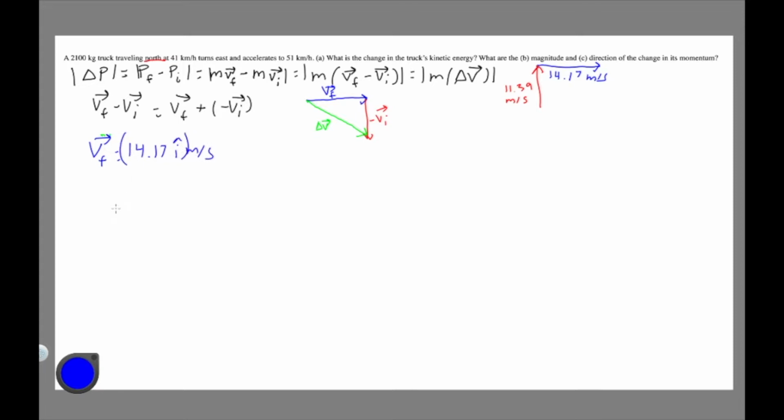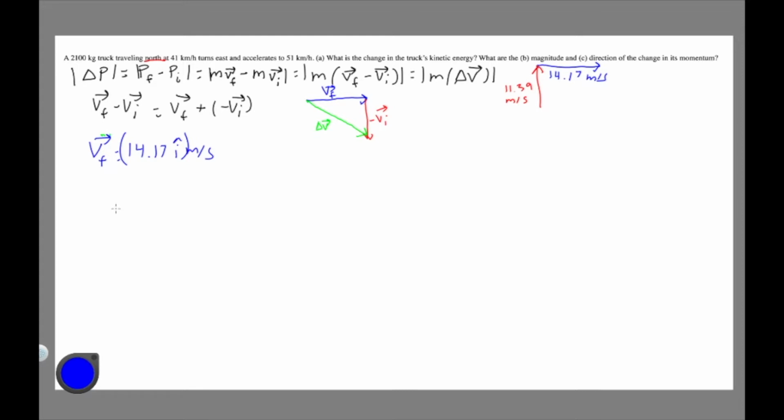What i hat means is, i hat is a unit vector that indicates the direction the vector is pointing. I hat indicates that a vector is only projected along the x-axis.